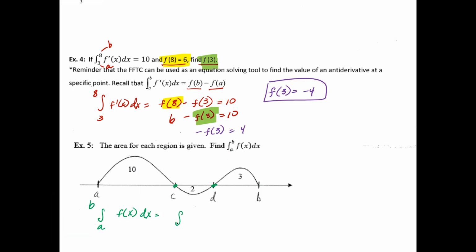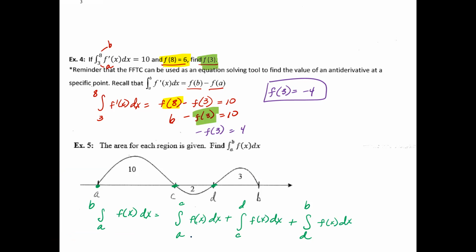It is going to be the integral of the first chunk here from a to c, so a to c of f of x dx, plus the second piece from c to d of f of x dx, plus the third one from d to b of f of x dx.